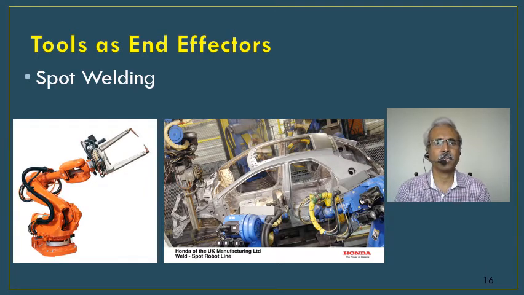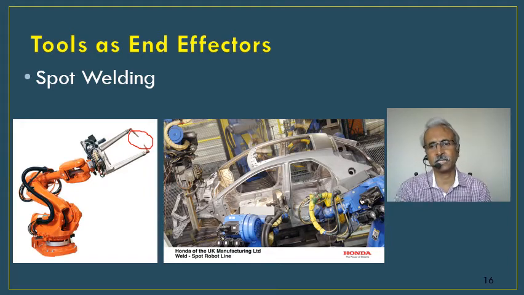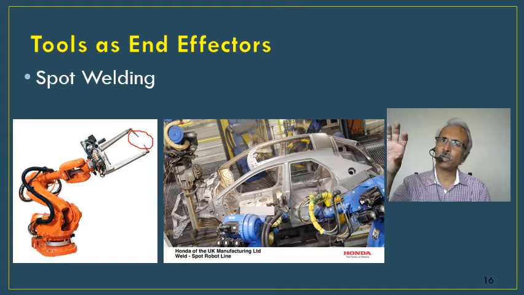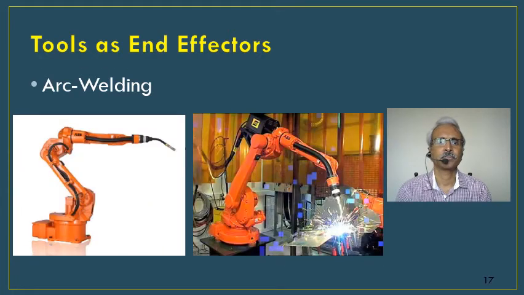So now here you can see there's a spot welding, and this is where you have the welding tips. So that goes into, on the right hand side you can see, the assembly. It has to go at different angles or orientations to do the welding, where a robot does a perfect job.